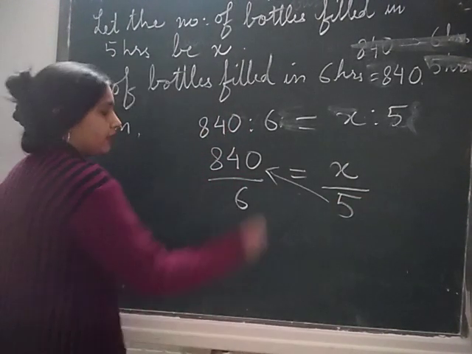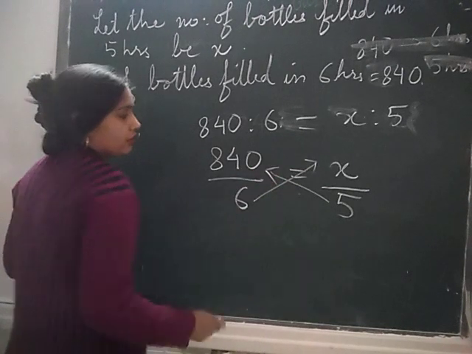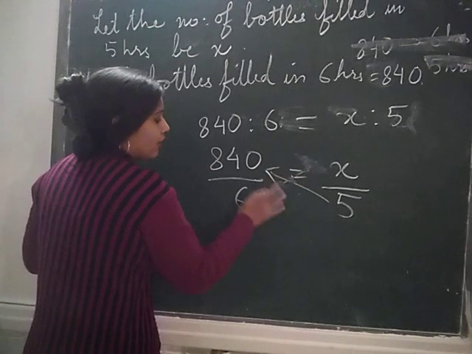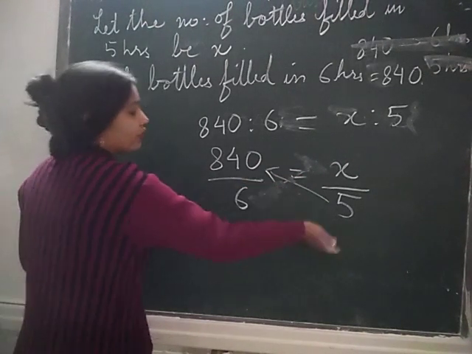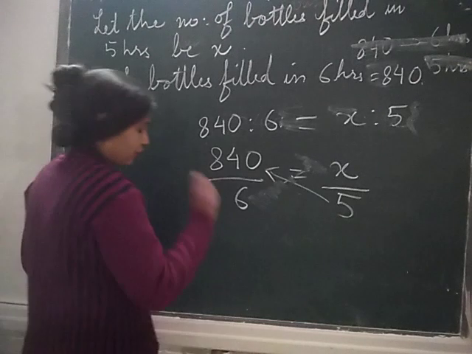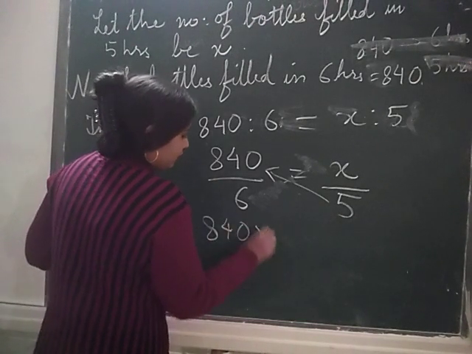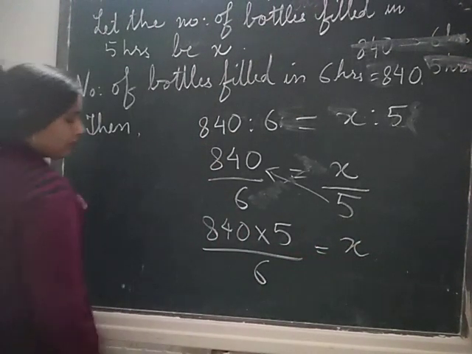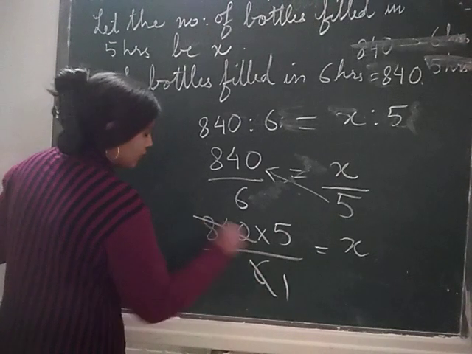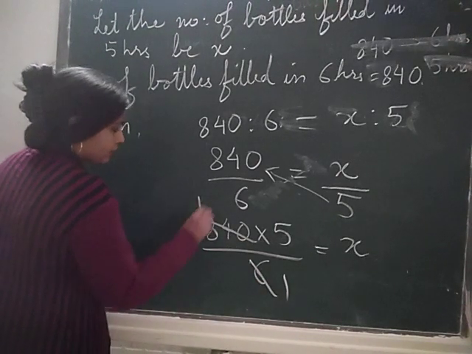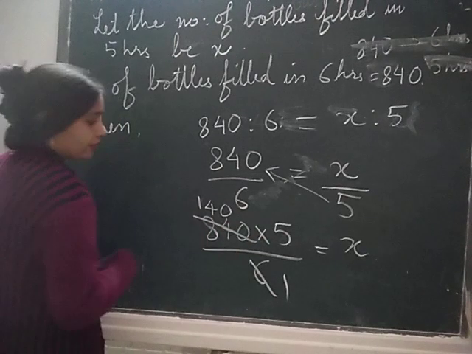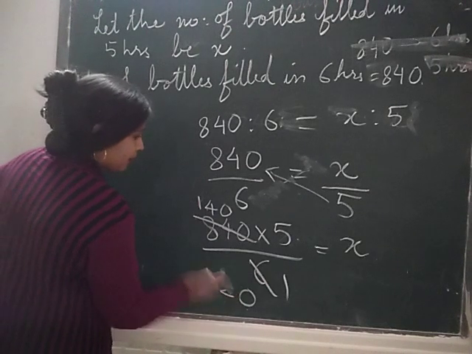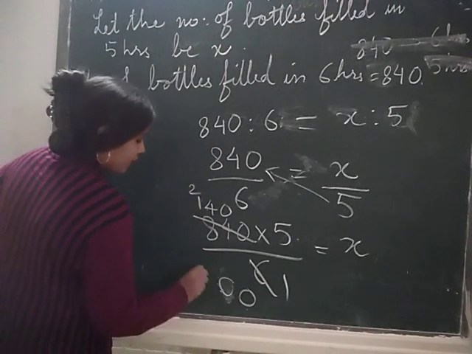We cross multiply, okay. So if we send 6 here, it is one and the same thing, because 6 will come back again to find the value of x. So let 6 be here only. We just bring 5 this side. We transpose 5. So 840 into 5 by 6 is equal to x. So 6 ones are 6 and 6 fours are 24 and 0. 140 into 5. So 5 zeros are 0, 5 fours are 20, 20 and 5 ones are 5, 6, 7.